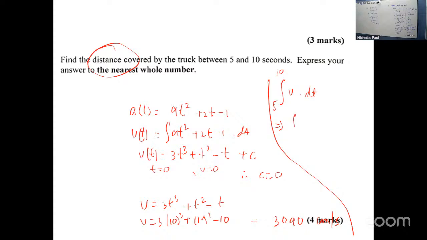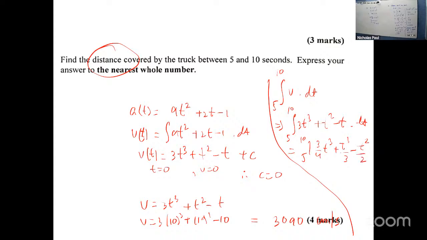So between 10 and 5, after you integrate 3t cubed plus t squared minus t, that will be 3t to the 4 on 4 plus t cubed on 3 minus t squared on 2.